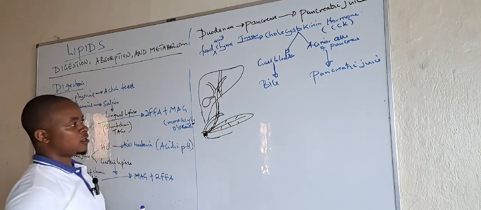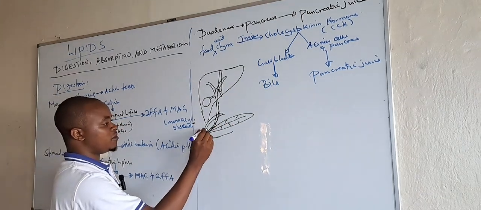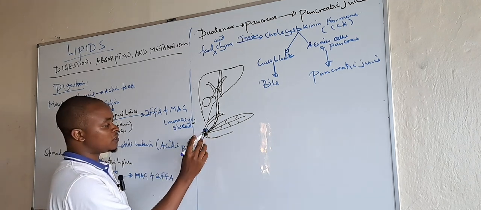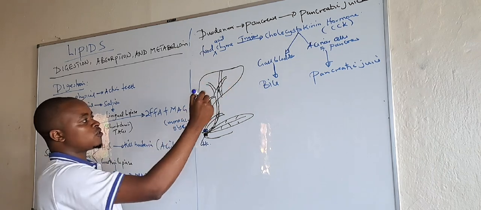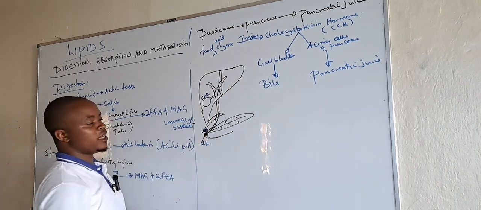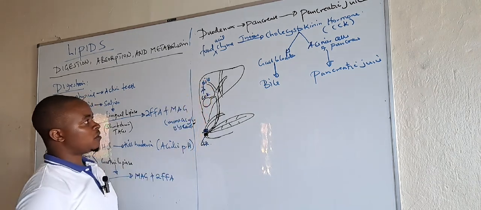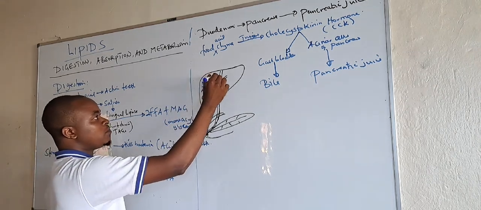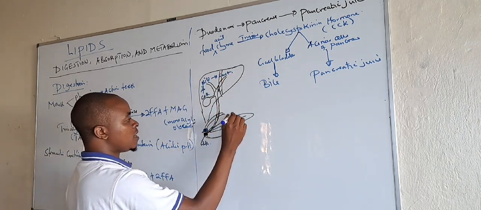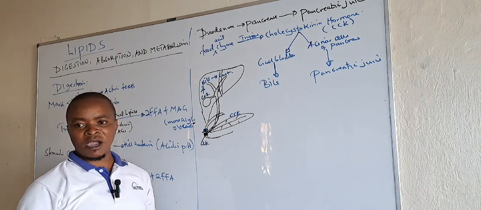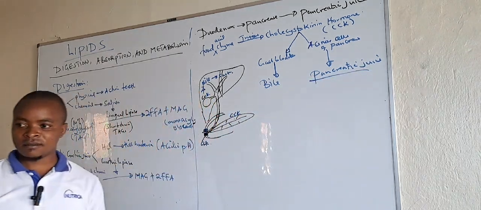So the presence of acidic food chyme triggers these CCK cells. The CCK cells secrete cholecystokinin, and one of the cholecystokinin comes to the gallbladder in the liver and stimulates production of bile and bile salts. This bile contains bile salts. Then another CCK goes to the cells in the pancreas and triggers production of pancreatic juice.